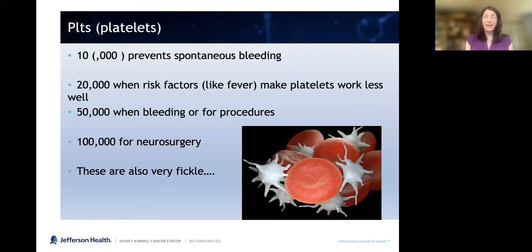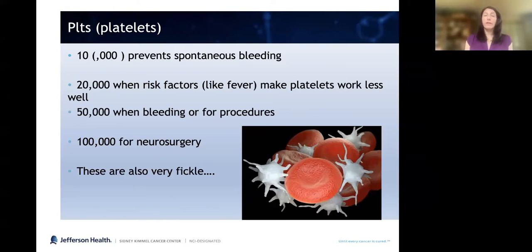And, again, like everything we're going to talk about today, if your platelets are 49 and you're going to undergo a minor procedure, that is likely extremely safe. It's not like 50,000 makes it some kind of huge difference. If you are going to have neurosurgery, that's usually 100,000.